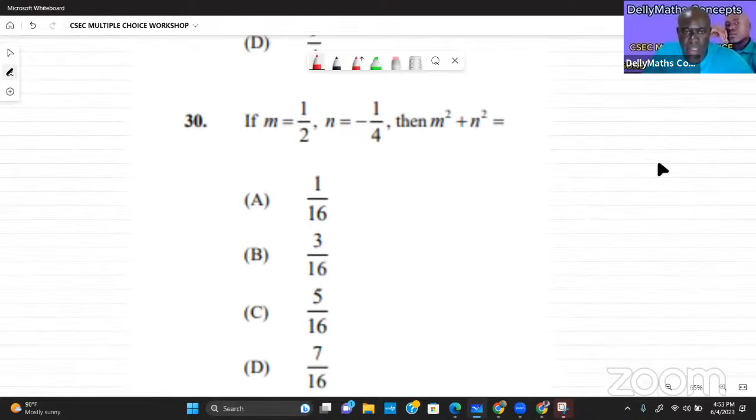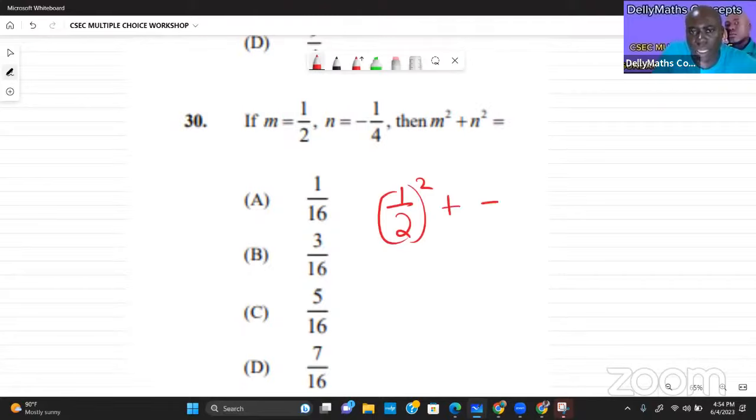All right, so we're at number 30. Number 30 says m is equal to 1/2, n is equal to -1/4. So m squared plus n squared. m is 1/2, so we're talking 1/2 squared. You're adding that to negative, hold on, -1/4 squared.